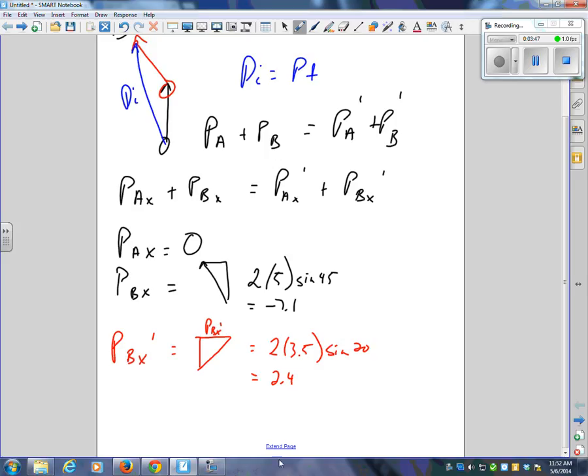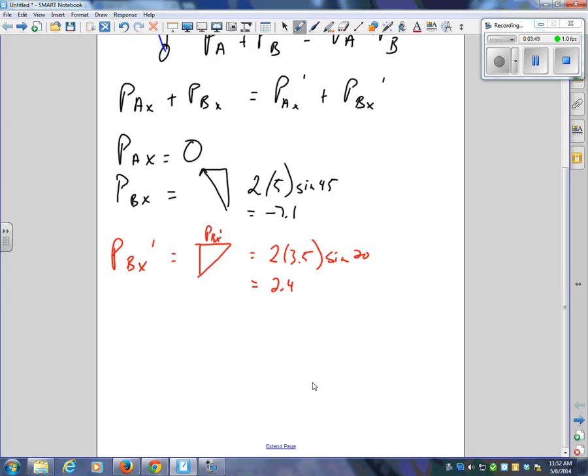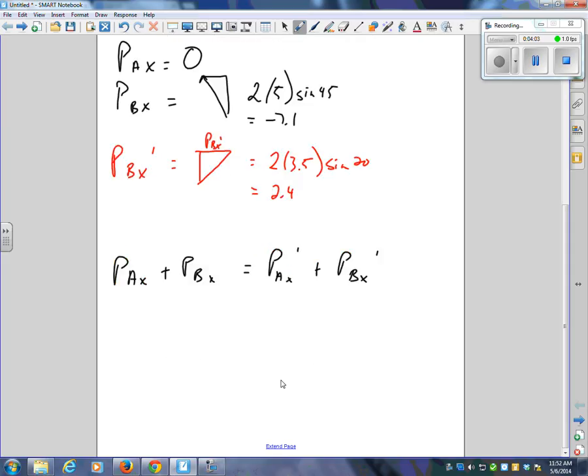So I'm going to do all my x's here. Imagine all of this sort of in brackets. I'm going to copy, and I'm going to paste down here. So it's going to be PAX is 0, plus PBX is minus 7.1, equals PAX prime, which is what we don't know, plus 2.4 in red.